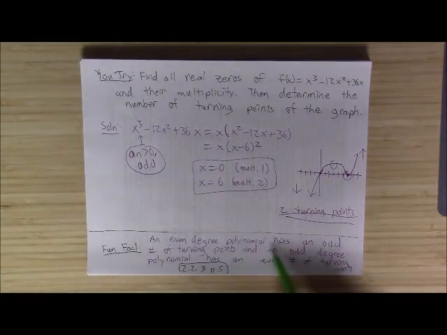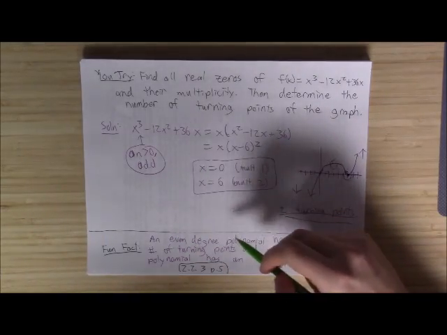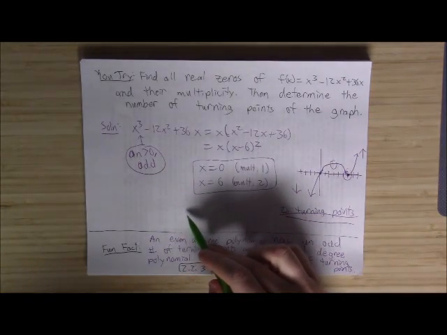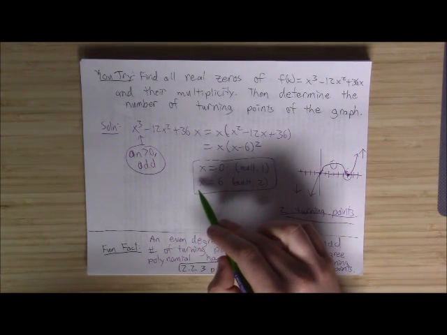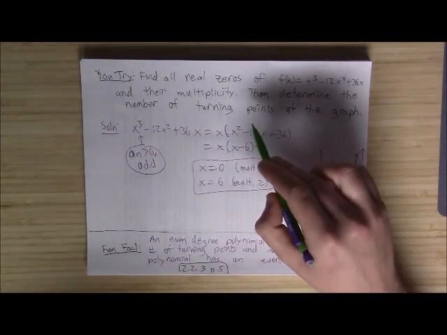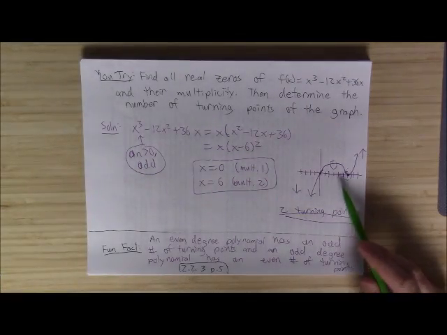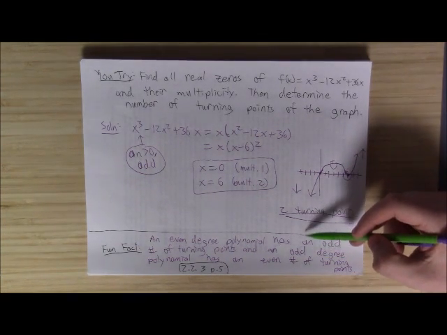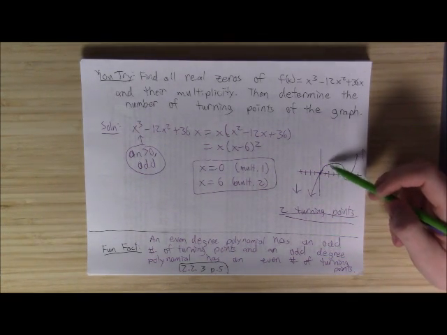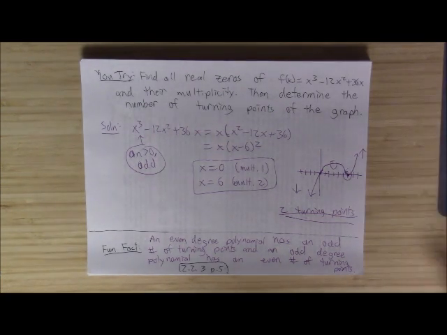Because for an even degree polynomial, you would need to be up and up or down and down, which means anytime you create a turning point, you could have one turning point, or if you added a second one, you would have to add a third one to go back up to match your end behavior, or similarly with down and down. Here you can similarly see with an odd degree, in order to go down one way, if you add a turning point, you'd have to add another turning point to be able to keep going up. So it would have to have an even number.